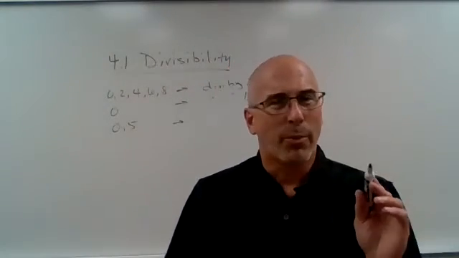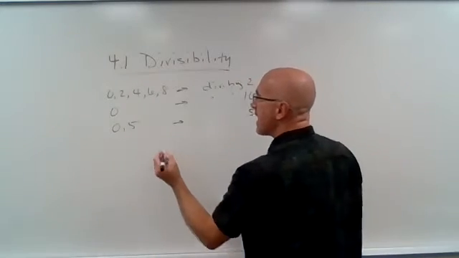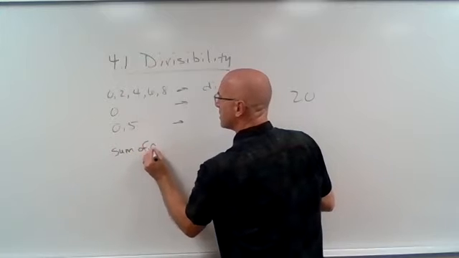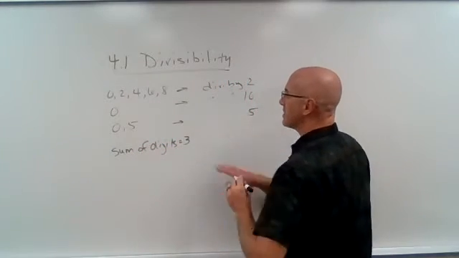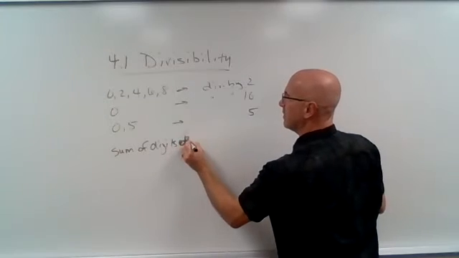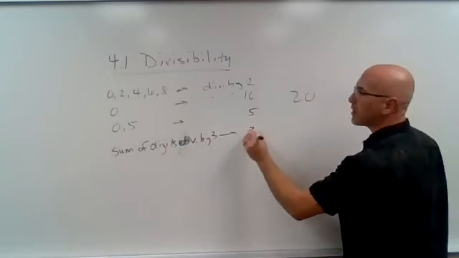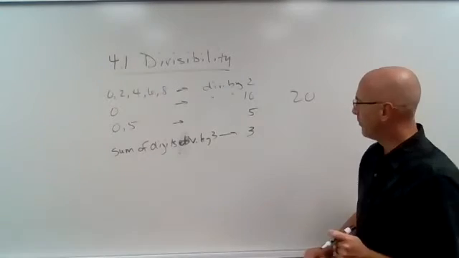So here are a couple weirder ones. So say the sum of your digits equals 3, or is divisible by 3, then the whole number is divisible by 3. So let me give you an example.